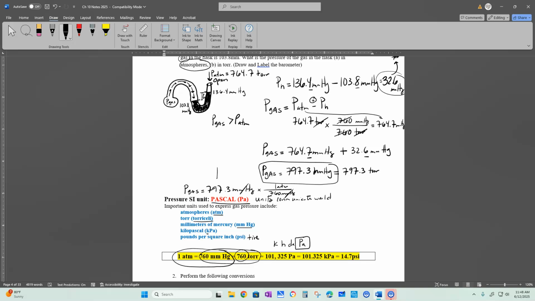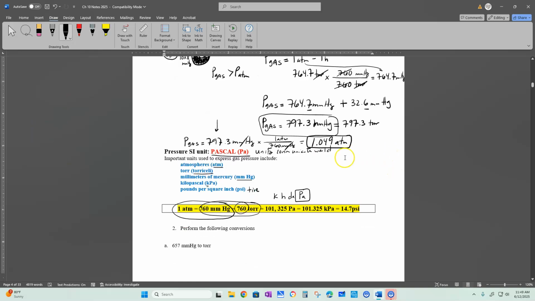We base our sig figs off of this 797.3. If by chance you forget that concept with the sig figs, not a big deal. It's kind of like the moles. We don't use the moles for the sig figs either. So 797.3 divided by 760. So I'm going to get 4 sig figs, 1.049 ATM. So that's how we convert from one unit to another.